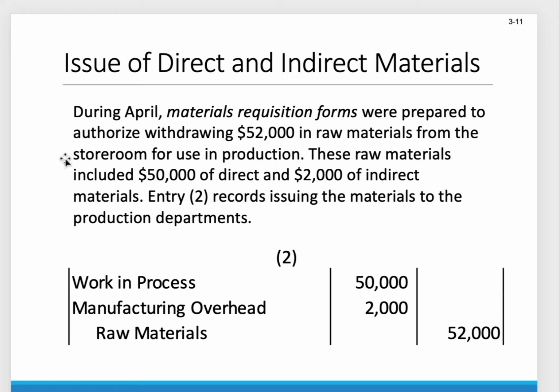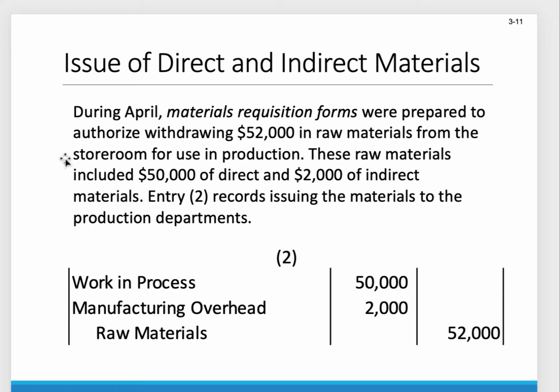This entry records issuing the material to the production department. So physically, we take a paper to the storeroom and say, give us 52 grand worth of raw materials. Put it on a cart and we wheel it over to the production department. Great, we understand that.